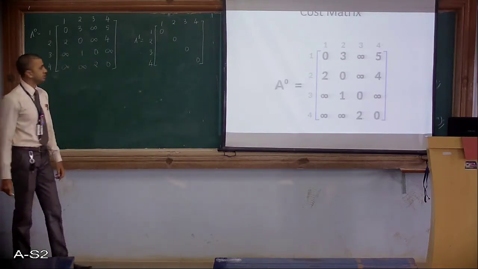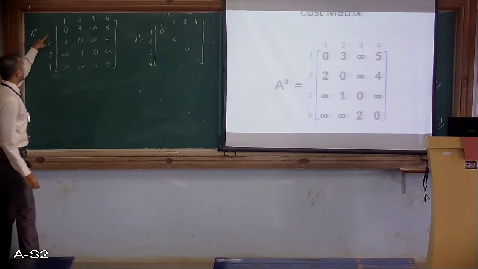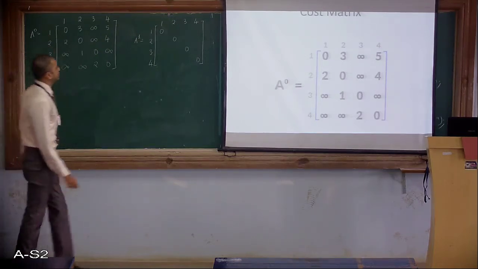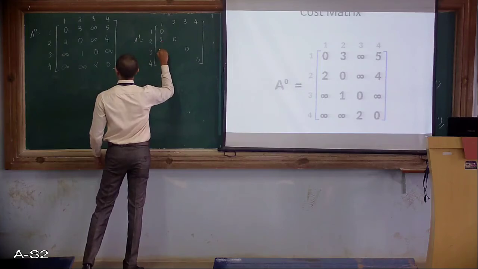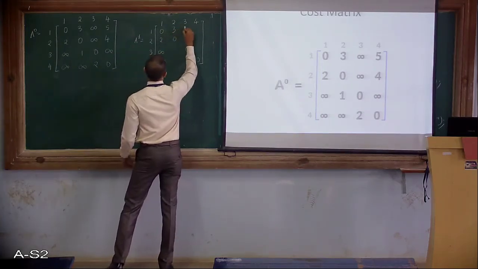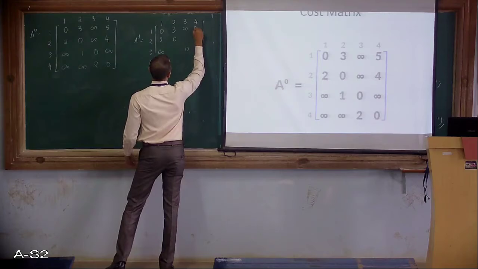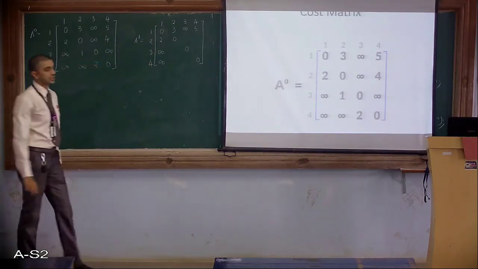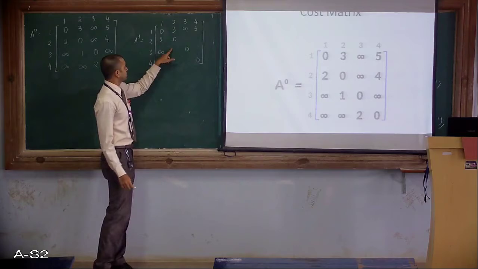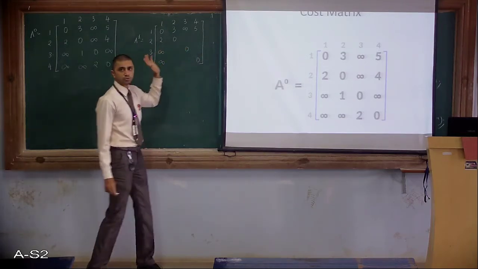Now I'm going to take the first vertex, or vertex number 1, as the intermediate vertex. So write those elements as they are. So I'm going to find out the shortest path for those remaining pair of vertices.